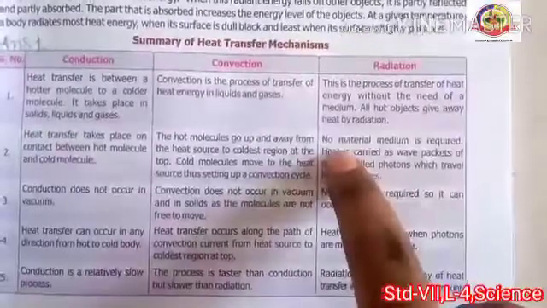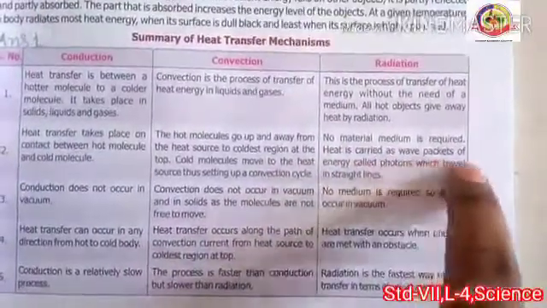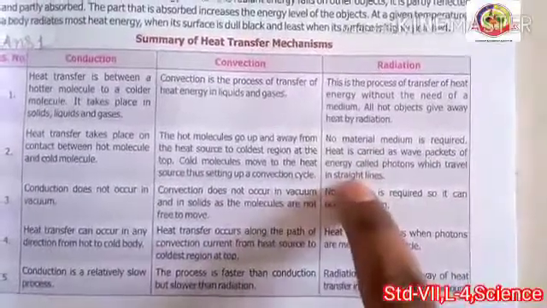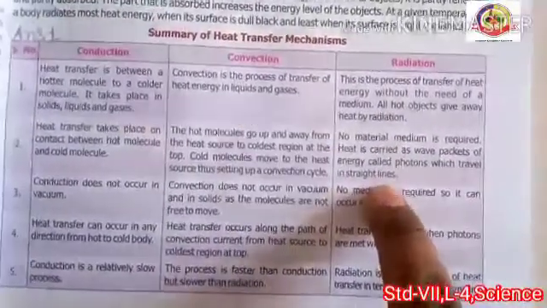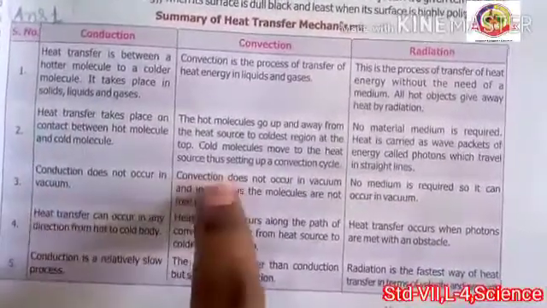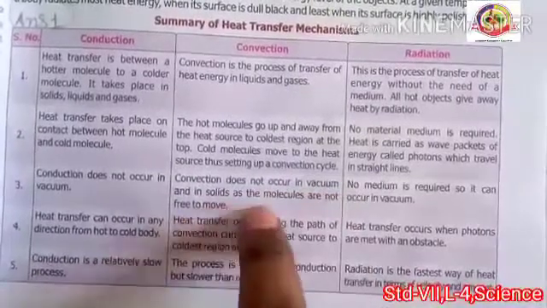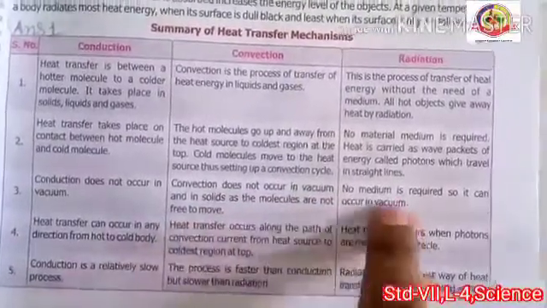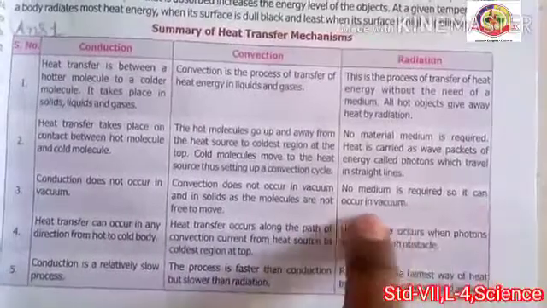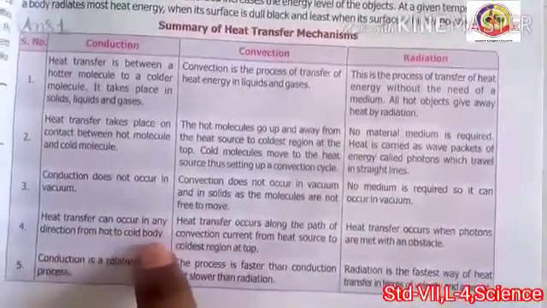And in radiation, no material medium is required. Heat is carried as wave packets of energy called photons, which travel in straight lines. Conduction does not occur in a vacuum. Convection does not occur in a vacuum or in solids, as the molecules need to be free to move. In radiation, no medium is required, so it can occur in a vacuum. Heat transfer in conduction can occur in any direction from hot to cold body.